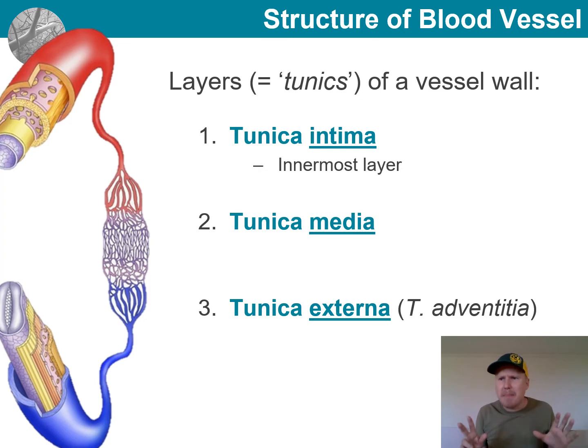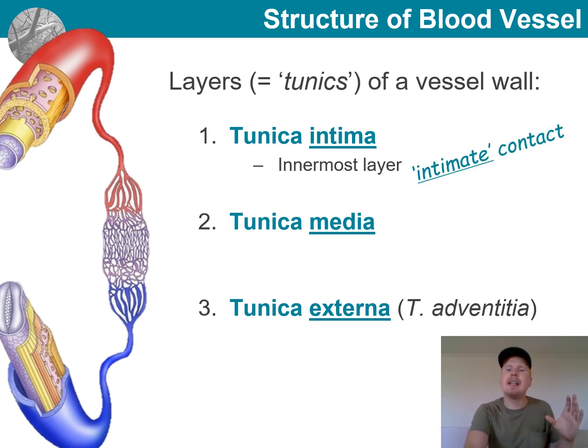One way to remember its location as the one that is close to the lumen, this is the center of the blood vessel, is to think that tunica intima is in an intimate contact with the blood that's inside the vessel. Tunica intima's walls are made of simple squamous epithelia.